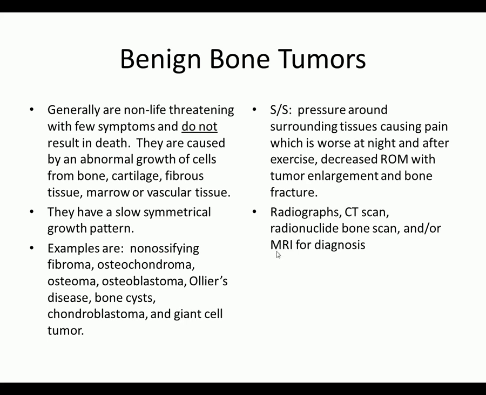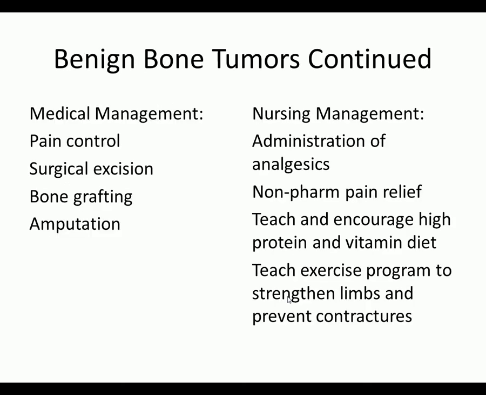X-ray, CT scan, and a radionucleotide bone scan are done, as well as MRI for diagnosis. You're going to do pain control. The doctors can do surgical incision, bone grafting, and amputation if they are bad.